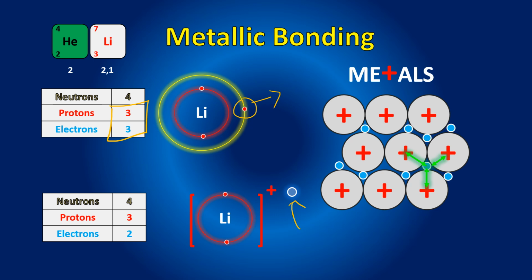So the bonding in metals is just a series of regular layers of positive ions that are attracted to the delocalized electrons. So again, it's just electrostatic forces of attraction. I've tried to show it here with an electron between 3 positive ions, and they're all being attracted to the positive nucleus of each ion. So nice and straightforward.